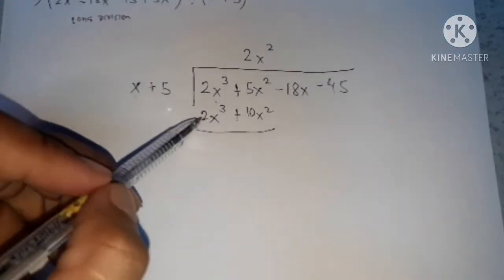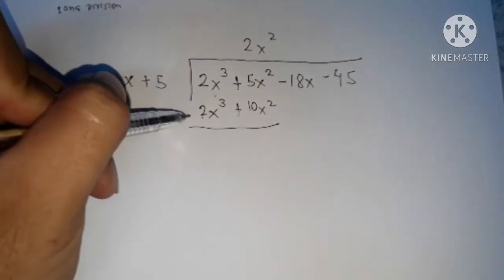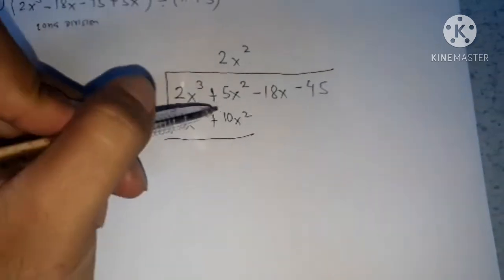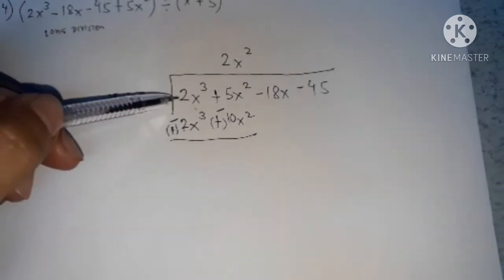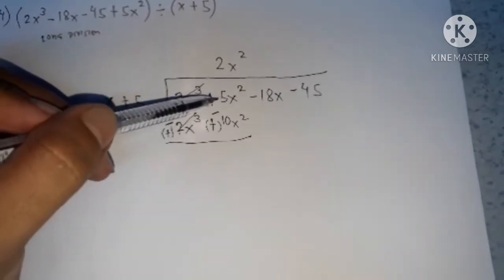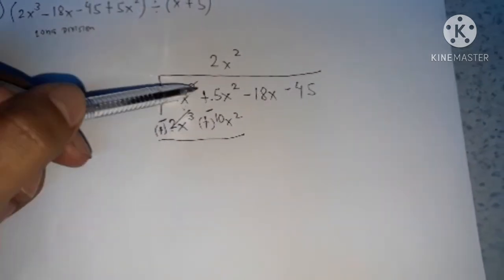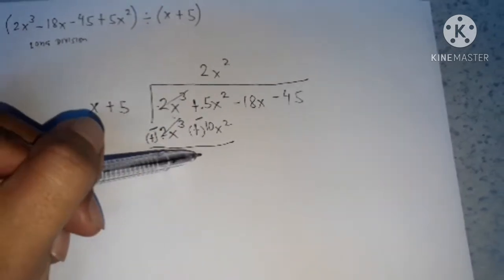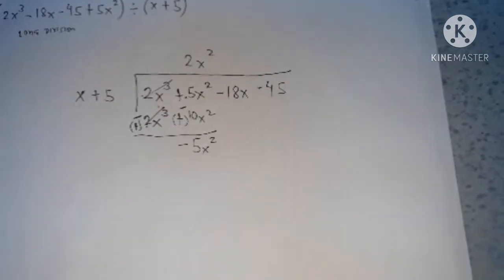And then change the sign of the terms, proceed to addition. Again, walang nakasulat, ibig sabihin siya ay positive. So from positive magiging negative, and then from positive magiging negative. So 2x cubed plus negative 2x cubed, that is 0. And then negative 5x squared plus negative, that is positive 5x squared plus negative 10x squared, that is negative 5x squared.